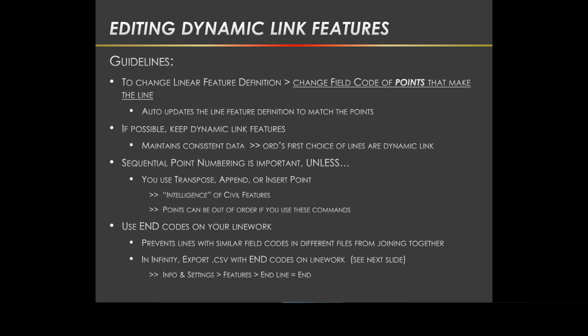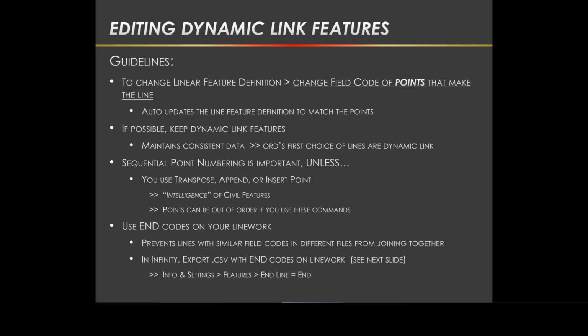The dynamic link features are really ORD's first choice of lines. That's what it's going to look for creating first. So if possible, you want to keep all of your features as dynamic link features, because it's going to maintain consistent data. And you will see, though, that that's not always going to be possible.